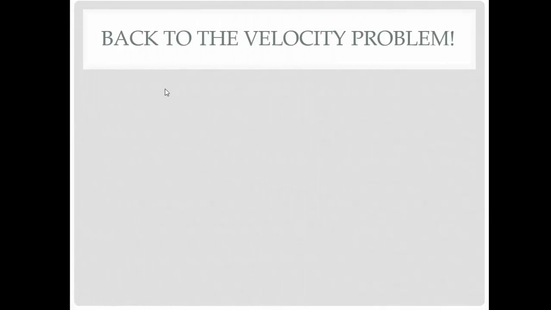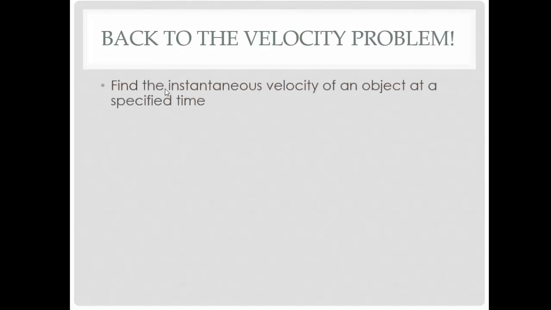All right, let's also go back to the velocity problem that we discussed. We talked about the fact that the tangent problem, which is to find the slope of a tangent line to a curve at a specific point, was very closely related to the velocity problem. And the velocity problem was finding the instantaneous velocity of an object at a specified time, at one specific time.